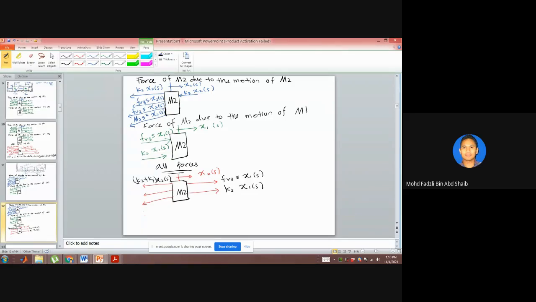FV2 and FV3, everything is same, so FV2 plus FV3 times X2 s, right? Finally, we only have M2, right?